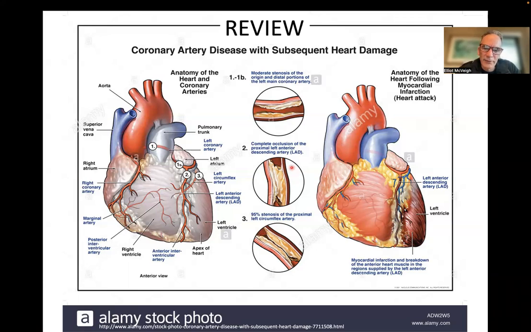Normally, if you see this, where a vessel just stops on coronary angiography, there are normally some fairly significant symptoms that come along with that. One of the primary symptoms is death.